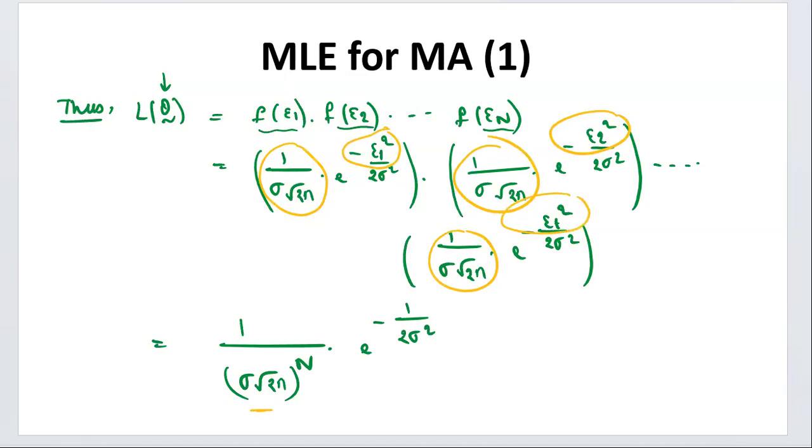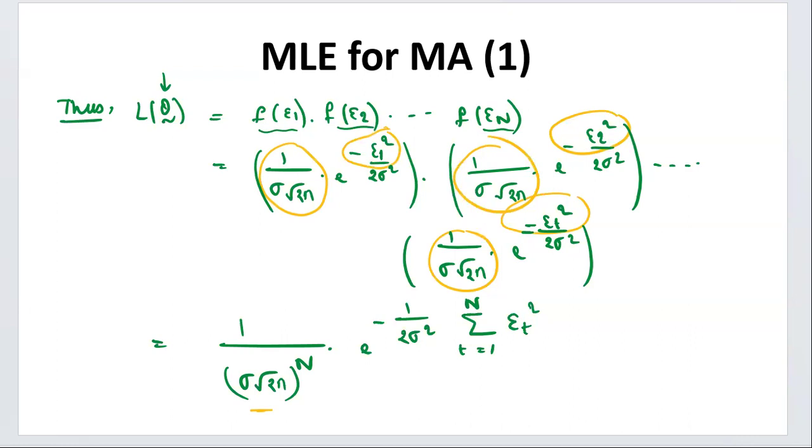This is minus here. So what you can write is the summation of epsilon t square, with t varying from 1 to n. So you are adding these terms up.